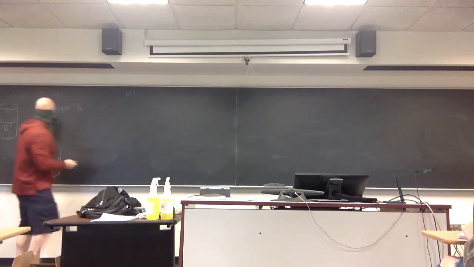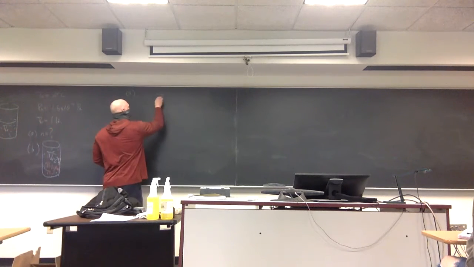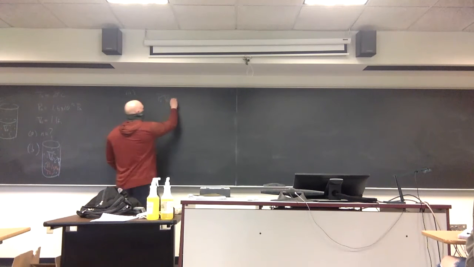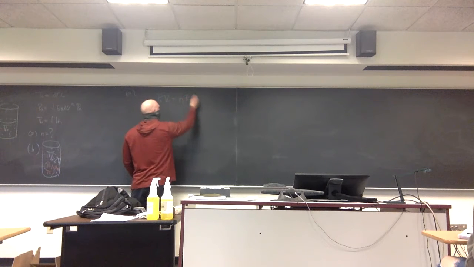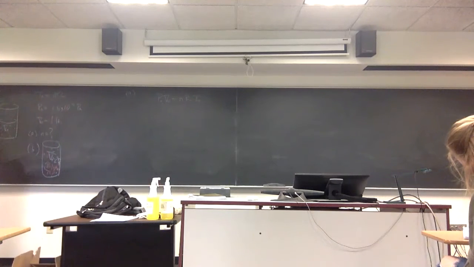Initially the system is at equilibrium, so all of these quantities have to satisfy my ideal gas law. To find the number of moles, we can say that the initial pressure times the initial volume must be equal to the number of moles times the universal gas constant times the initial temperature. As long as this is in quasi-equilibrium, this has to be true.